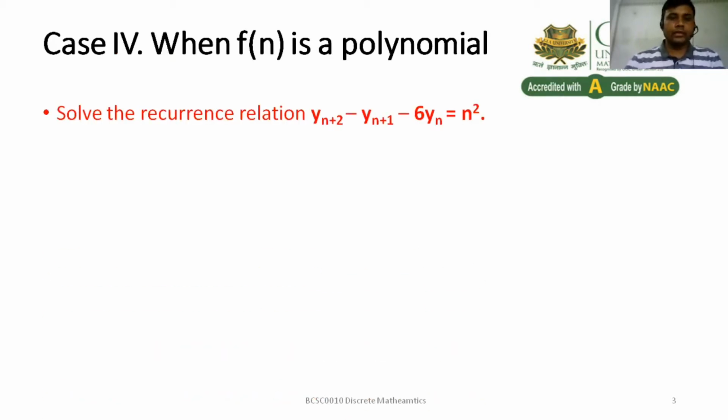Suppose we have to solve the recurrence relation y n plus 2 minus y n plus 1 minus 6 y n equals n square. Again, this is a linear non-homogeneous recurrence relation of order 2, because the difference of n plus 2 and n is 2.